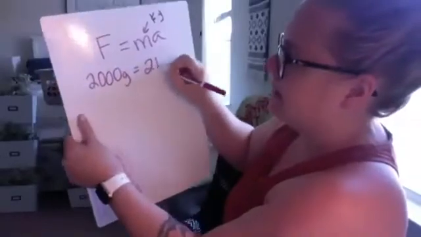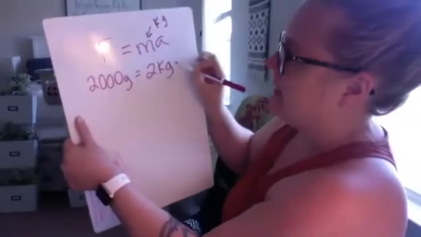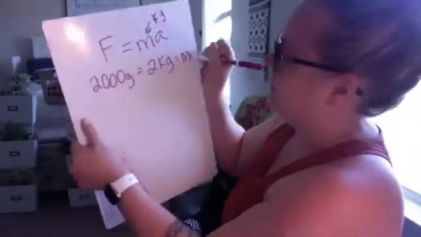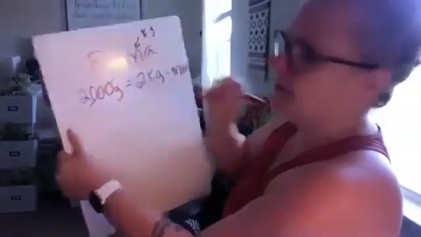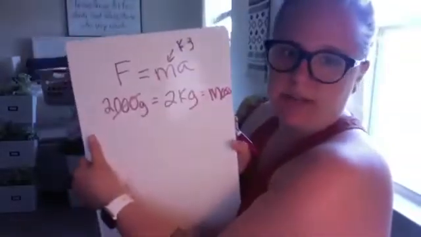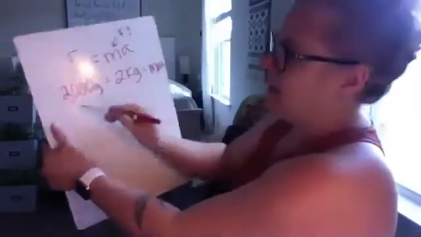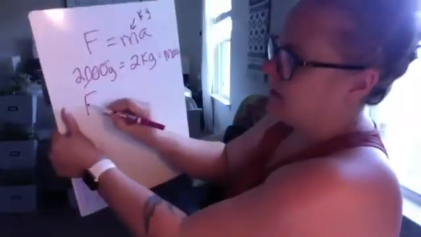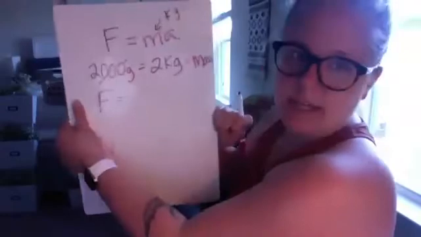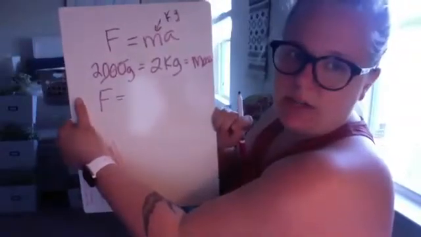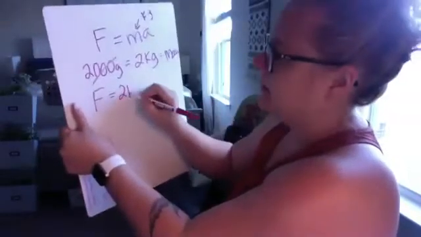If I go back to my other board, we just changed this, this is going to be 2 kilograms. That right here is our mass. So instead of 2,000 grams, now we have 2 kilograms. Our force is what we're solving for, so F equals, and the mass is 2 kilograms.